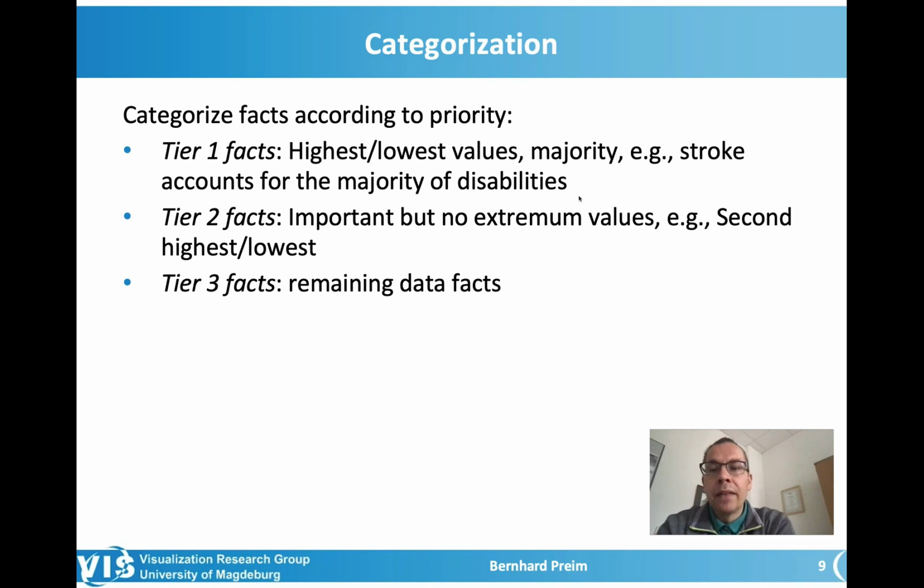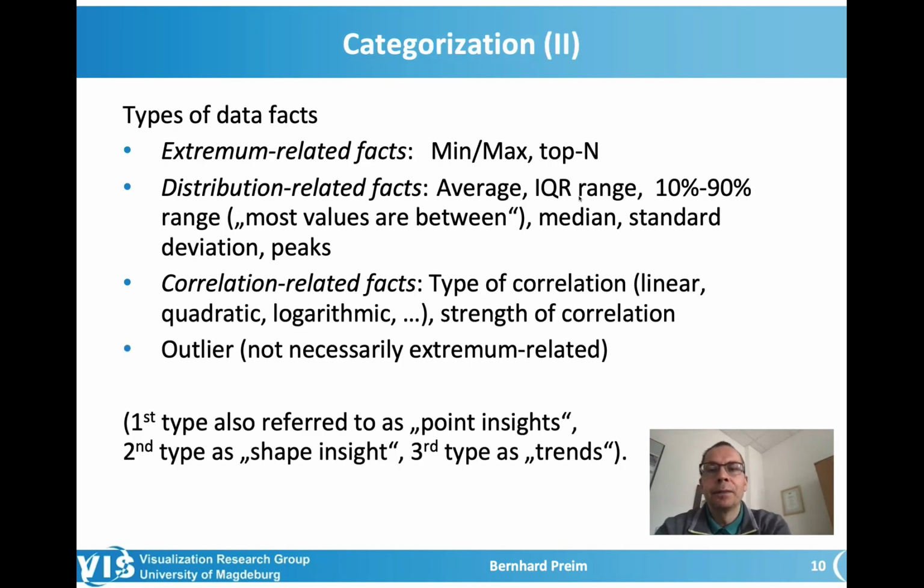And then there are tier 2 facts that are a little less important. So for example, the second highest value or the second lowest value. And tier 3 facts are the remaining data facts. Only if there is space or time available, you would also comment or display the tier 3 facts.